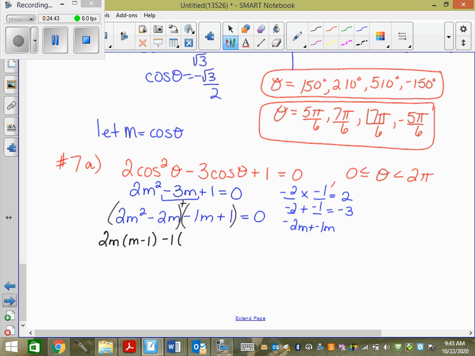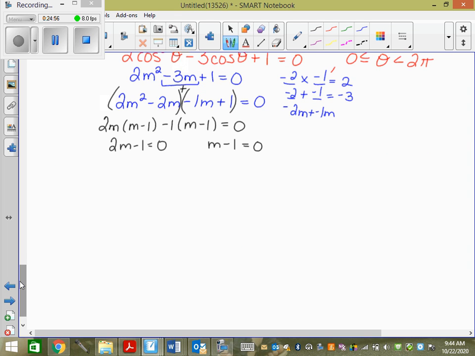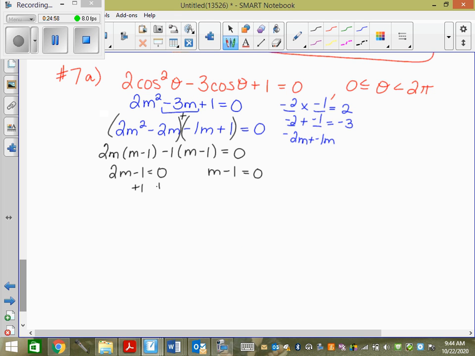Take out a negative 1, and I'm left with m minus 1. So I get 2m minus 1 equals 0, m minus 1 equals 0. I have to solve them out. Here I'm going to add 1. 2m equals 1, m equals a half. This one's m equals 1.